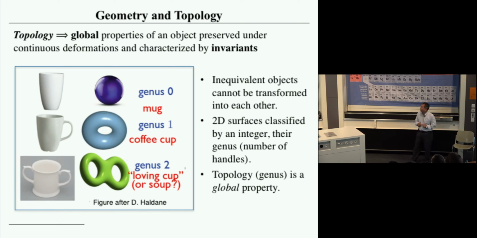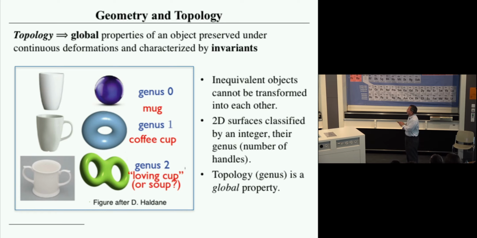As you all know, topology is a kind of description of the global property of geometric objects, and those properties are preserved under continuous deformation and characterized by some invariance. So, for example, a ball and a cup are equivalent topologically, but a donut and a ball are not equivalent topologically.